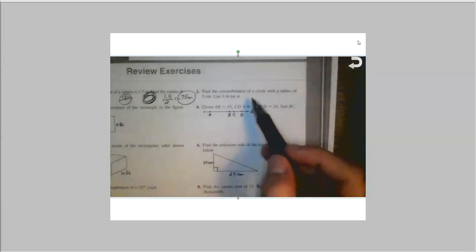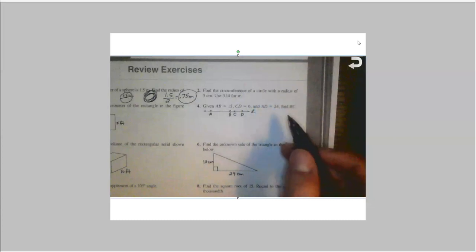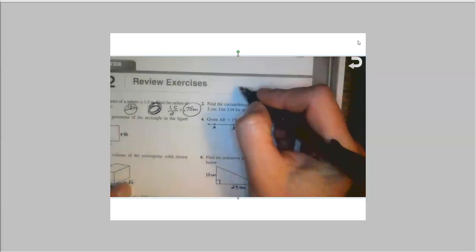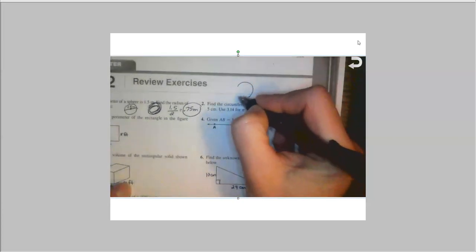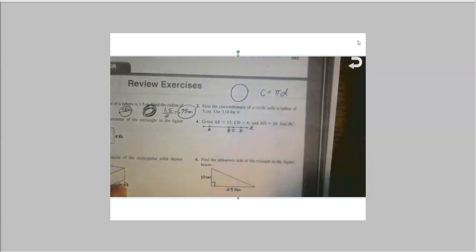Number 2, it says find the circumference of a circle that has a radius of 5 centimeters and use 3.14 for pi. So the circumference of a circle is the distance around the circle, and that formula is pi times diameter.